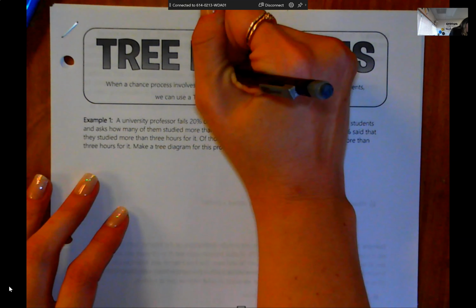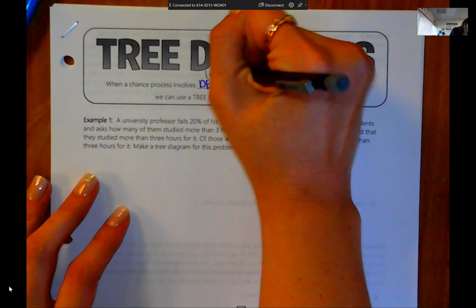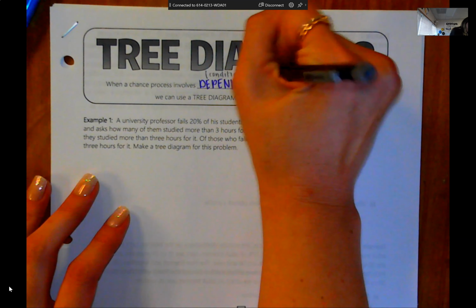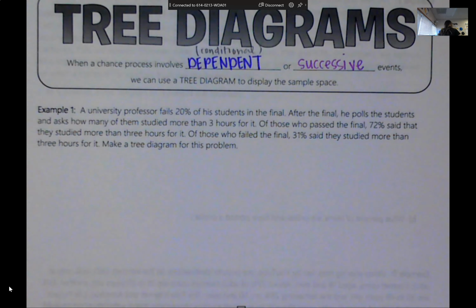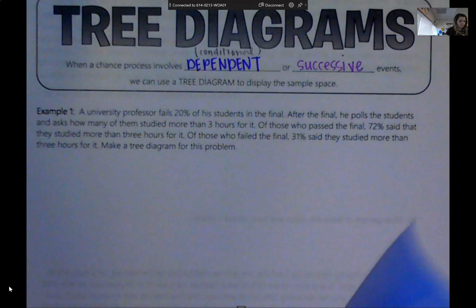Whenever you see dependent, you should kind of have in the back of your mind that it has to do with conditional probabilities. And because of that, we're going to be working with a specific formula to help us through this.